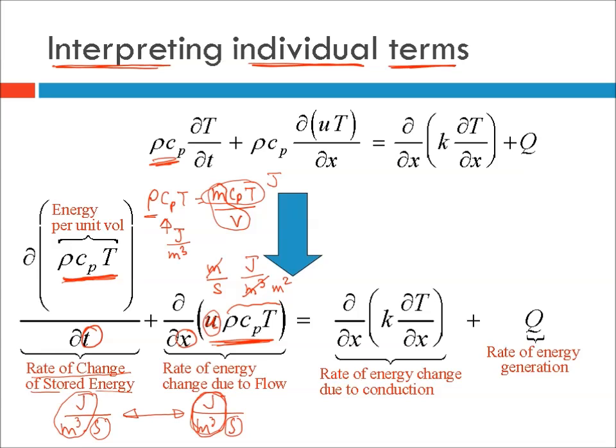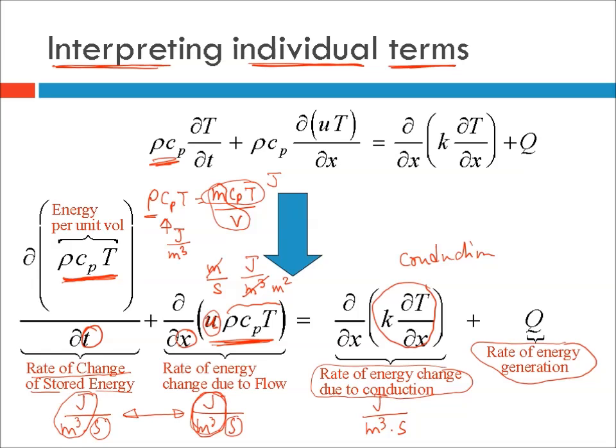In the same way, if you do this term, its unit is also going to come as joules per meter cube per second, and we know this term is for conduction. So then this is rate of energy change due to conduction. And likewise, the last one is rate of energy generation.